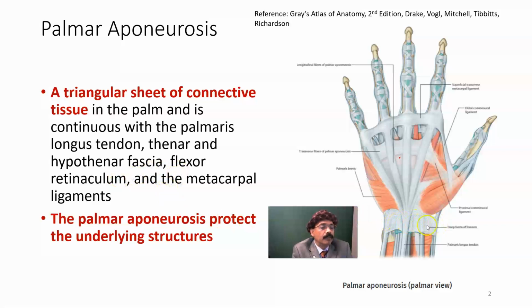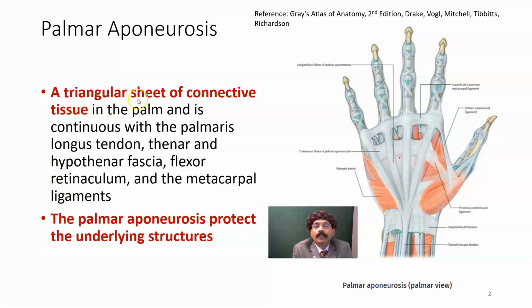The flexor retinaculum is a thickening of the deep fascia of the forearm, attached to the carpal bones on two sides, making a tunnel, the carpal tunnel.